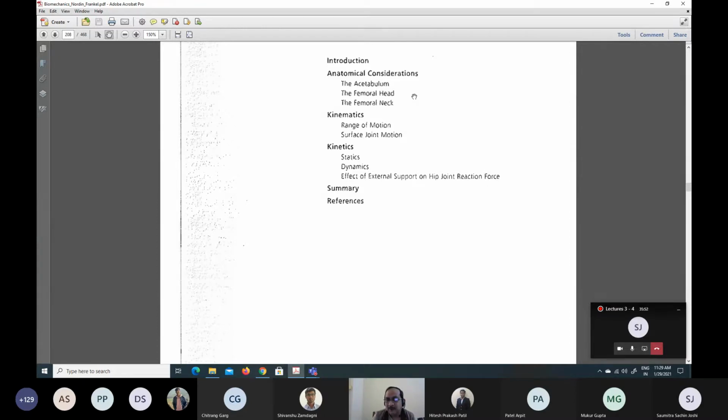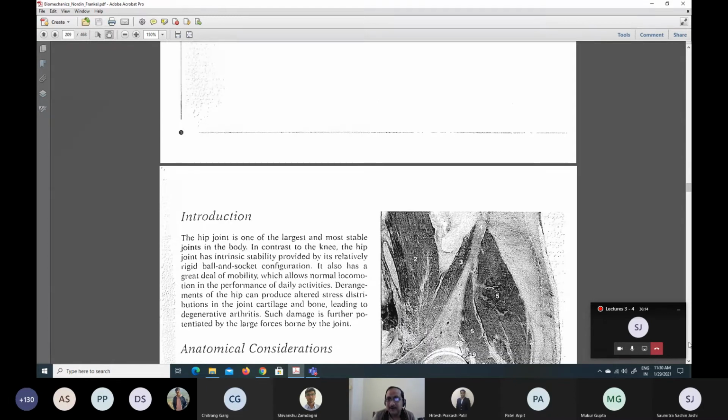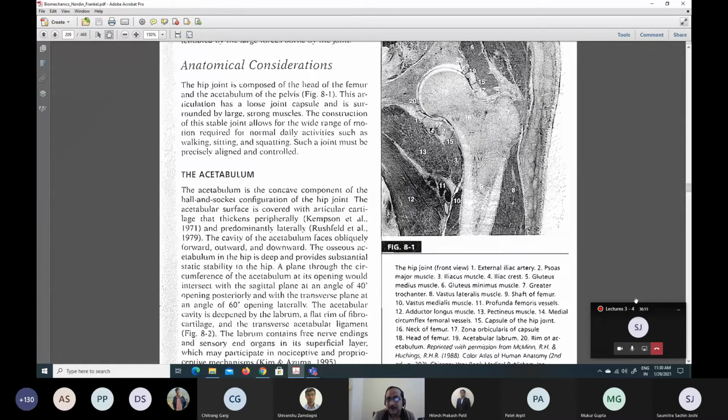So the hip joint basically results from the articulation of the femoral head of the femur with the acetabular socket of the pelvic bone. Now, as we move down, you can see in the picture the proximal part of the femur.